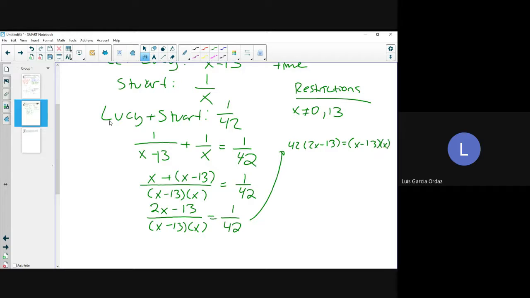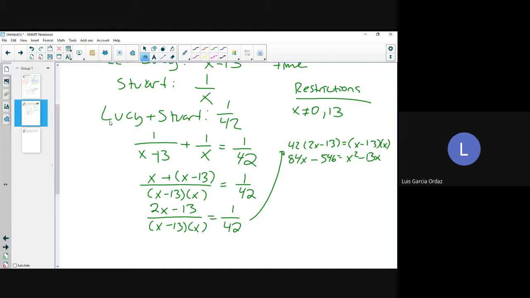So we're going to distribute the 42 into the bracket. So we get 84x minus, what's 42 times 13? 546, is equal to x squared minus 13x.